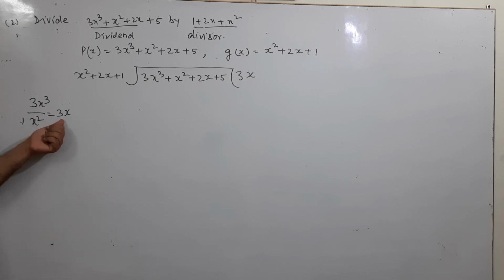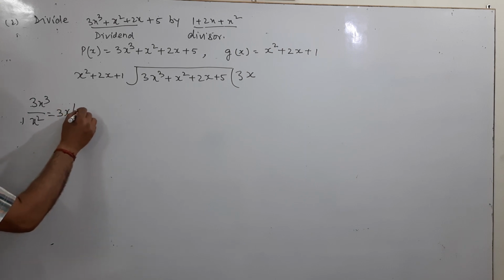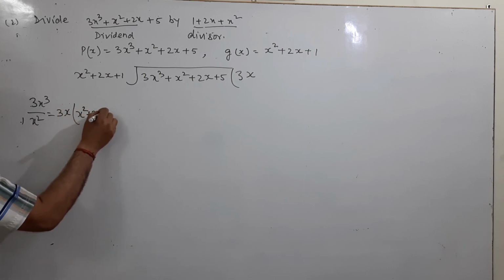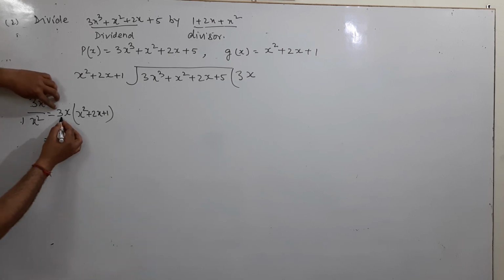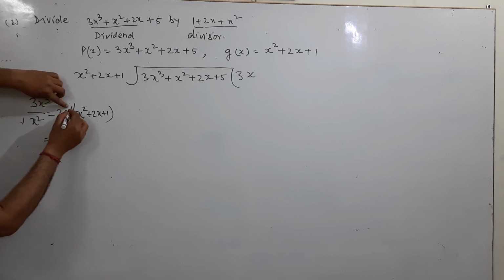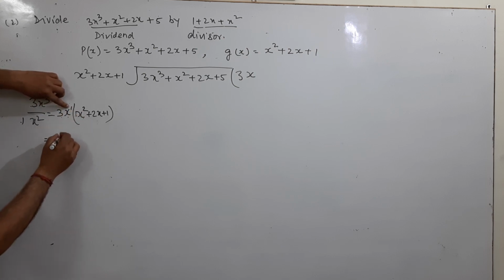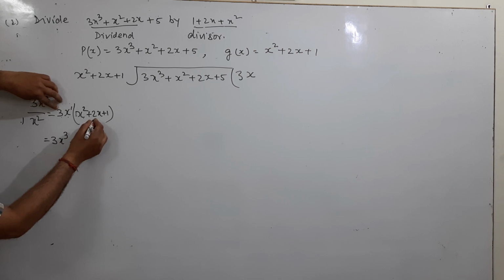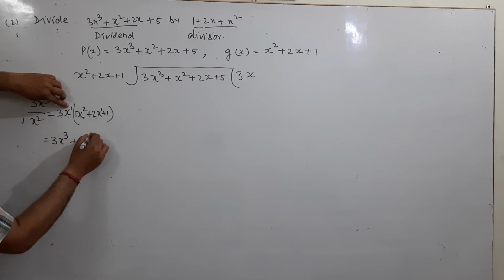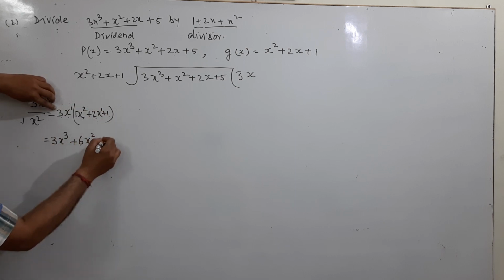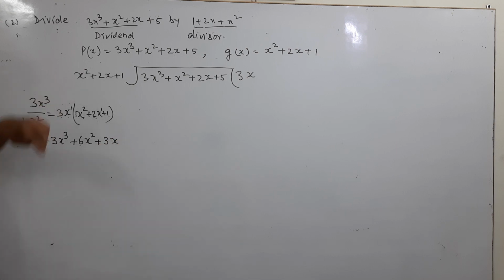This 3x, which is the quotient, multiplied by this divisor x square plus 2x plus 1. Now multiply it. 3 into 1 is 3, x; 3 into 2 is 6; 3 into 1 is 3, x.